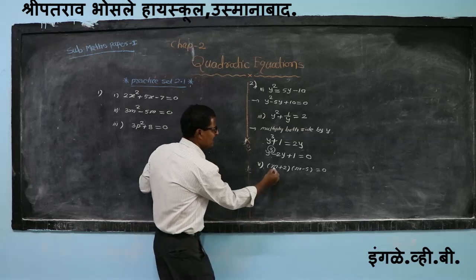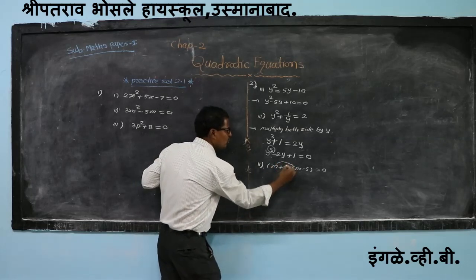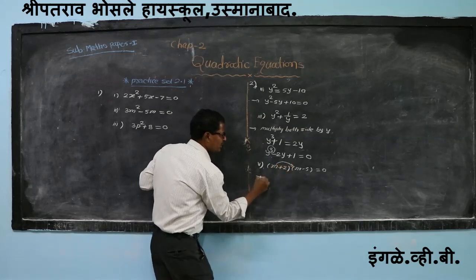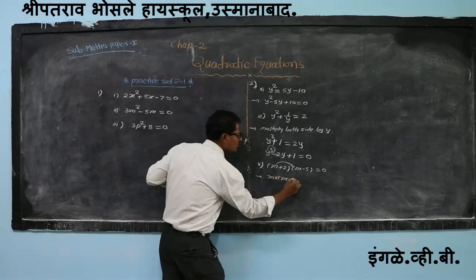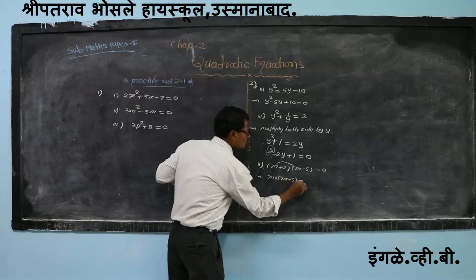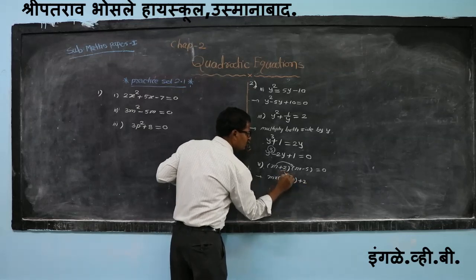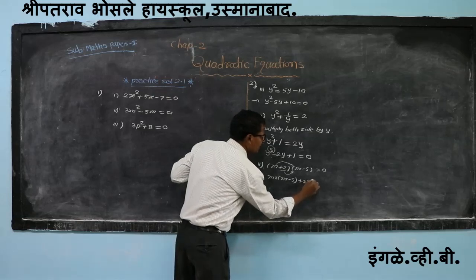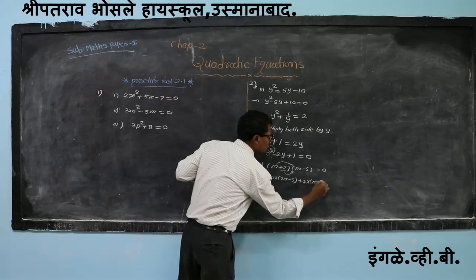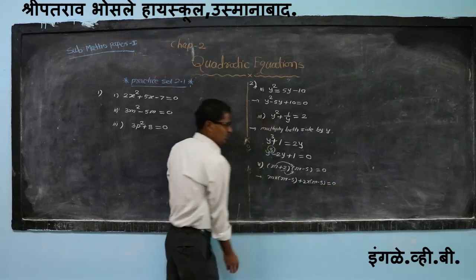So multiply m to the whole second bracket. So here m multiplied by m minus 5, plus 2 multiplied by m minus 5, is equal to 0.